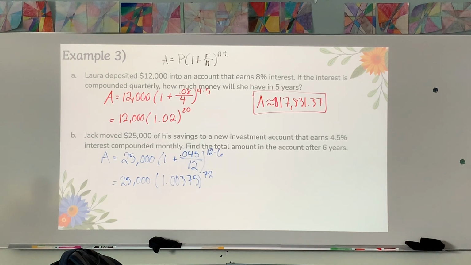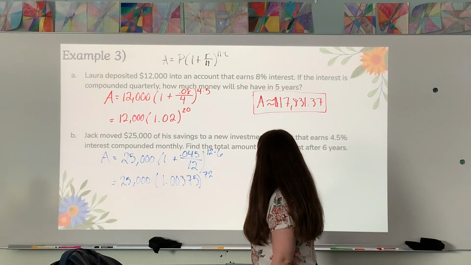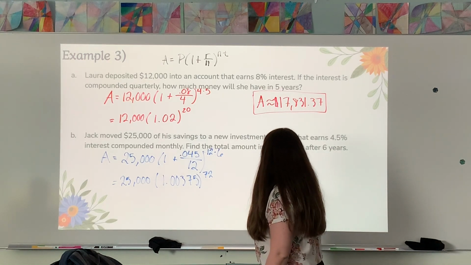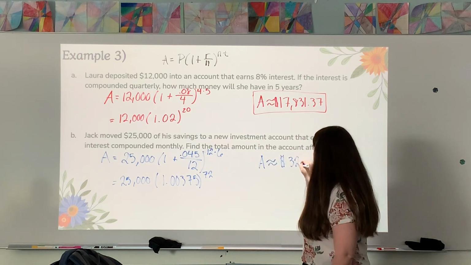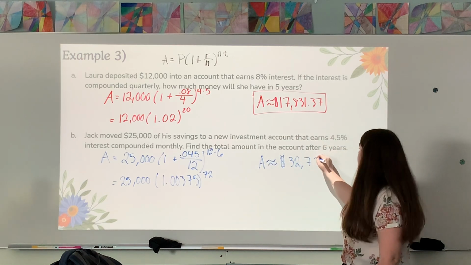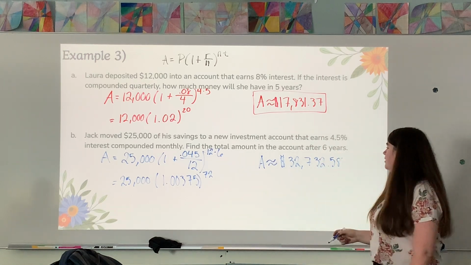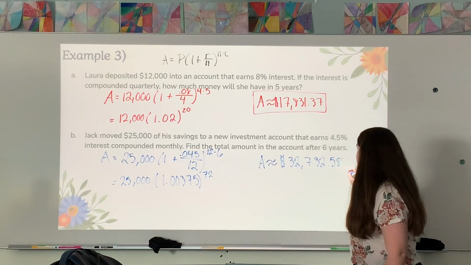If we calculate that out, then in the account after 6 years, we have approximately how much? $32,732.58.